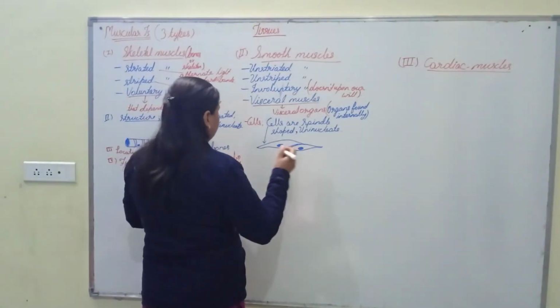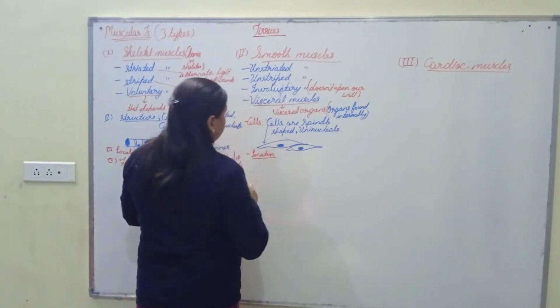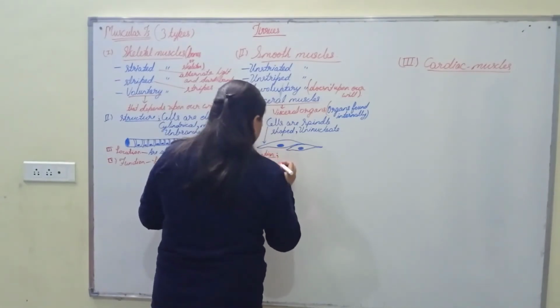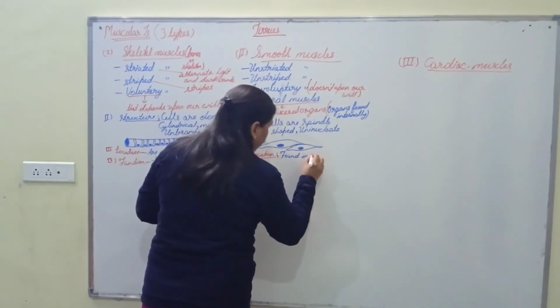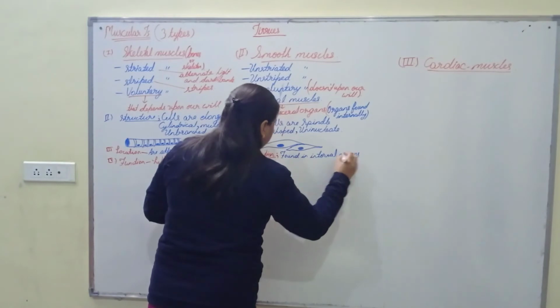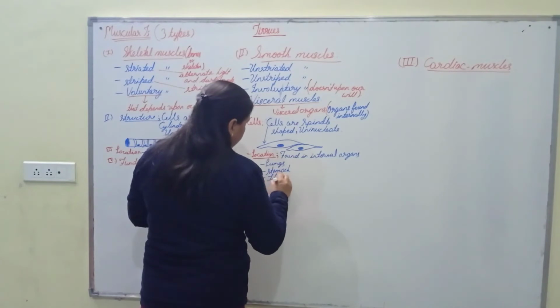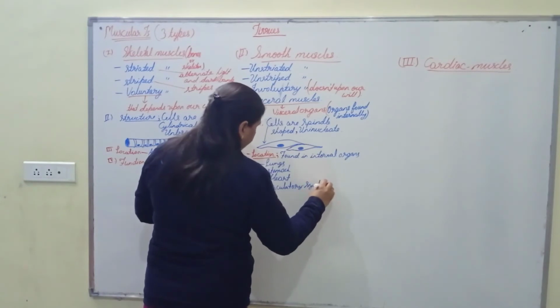Now location. Smooth muscles are found inside our internal organs, that are lungs, stomach, heart, circulatory system, kidney, and so on.